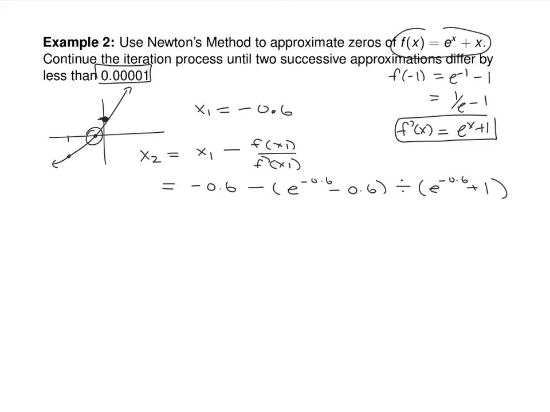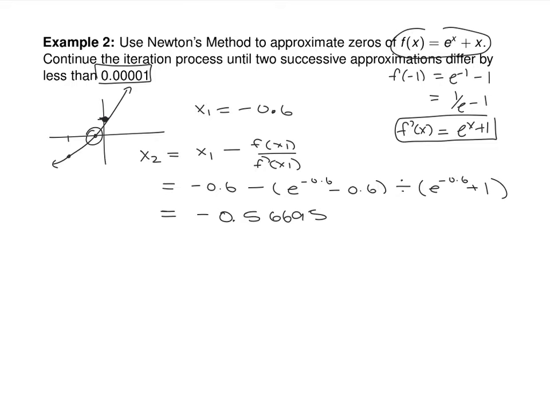So it should look like that. And I got about negative 0.56695. Did you get that too?